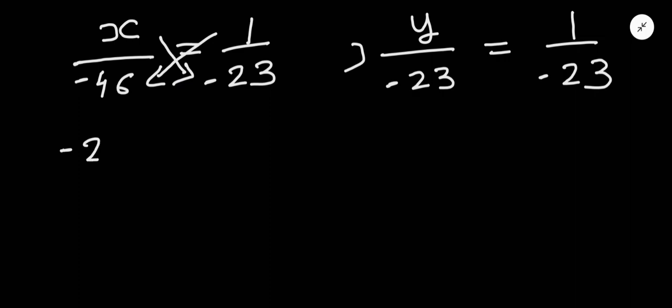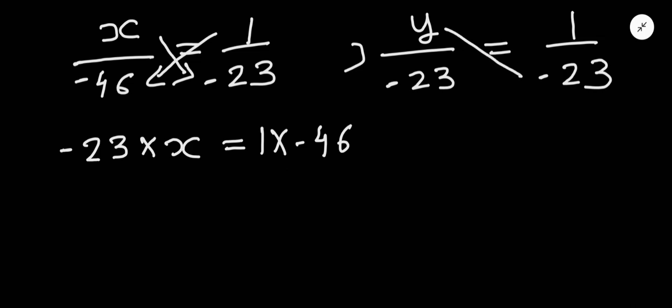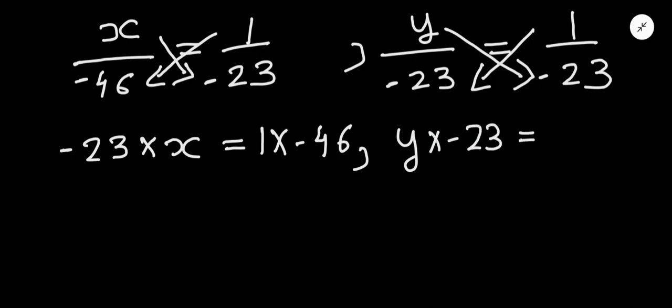So minus 23 into x is equal to 1 into minus 46. Here also we will cross multiply. So y into minus 23 is equal to 1 into minus 23.